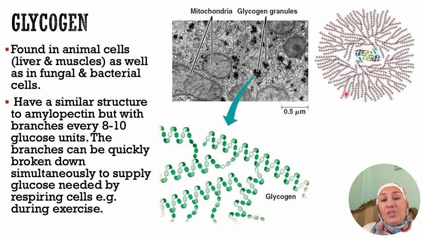So the glycogen is going to be broken down by many enzymes at the same time, releasing a lot of glucose molecules that can easily diffuse to the nearby mitochondria to be broken down by aerobic respiration to release energy, to make ATP. So that's why we need a new molecule, a design that is fit for our needs as animals.